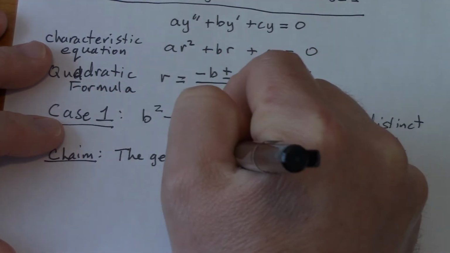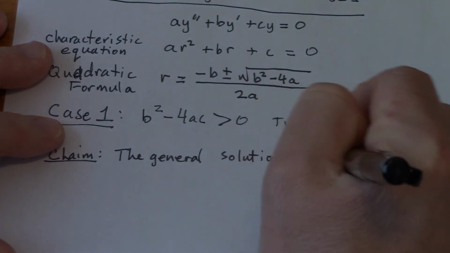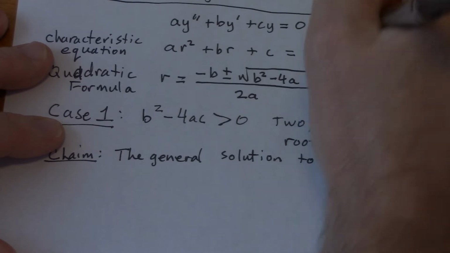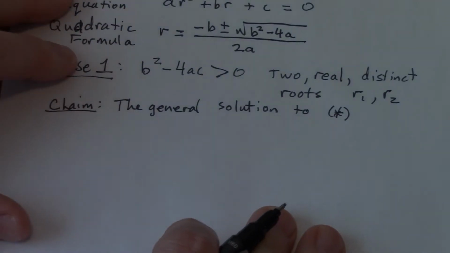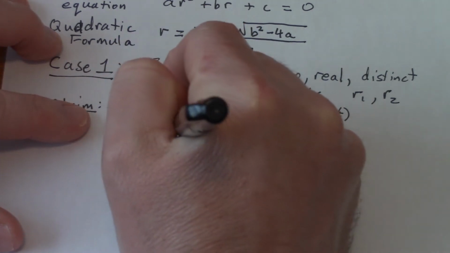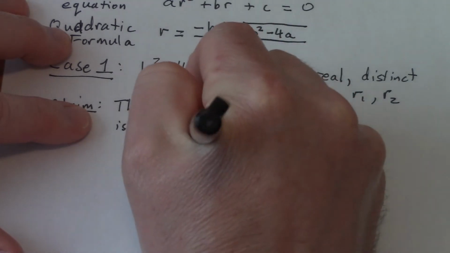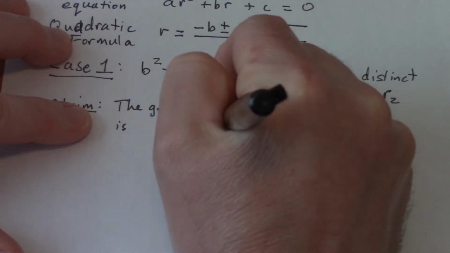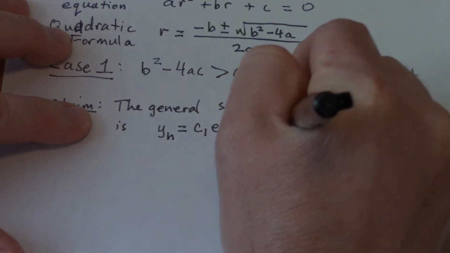The claim is that the general solution to star, the generic homogeneous differential equation, is y sub h, meaning the homogeneous general solution, and that's going to be c1 e to the r1t plus c2 e to the r2t.